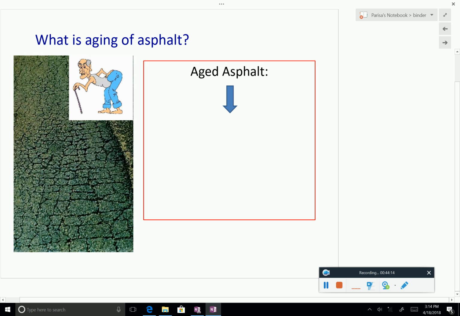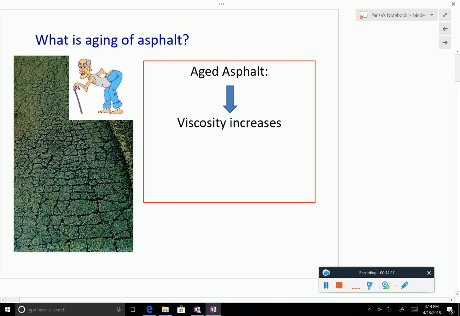It turns out that you should also be worried about what happens with asphalt over time. So the asphalt ages. When it ages, the viscosity goes up. If you just build pavement, the material is not going to be the same if you look at it 20 years afterwards.